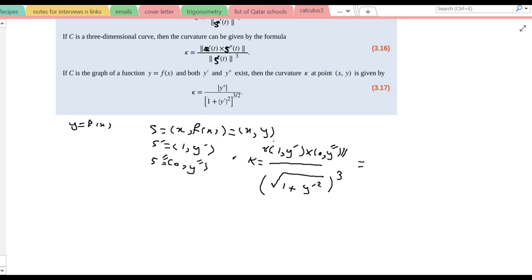So here the norm of this cross product will be 1 multiplying y second minus 0 multiplying y prime, so we will get the norm of y second over this norm, which is exactly the formula mentioned as 3.7. Let's continue our example.